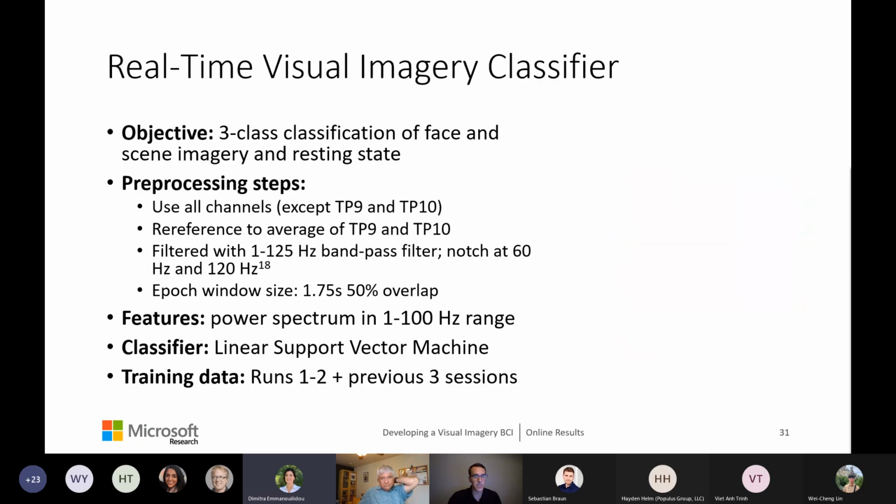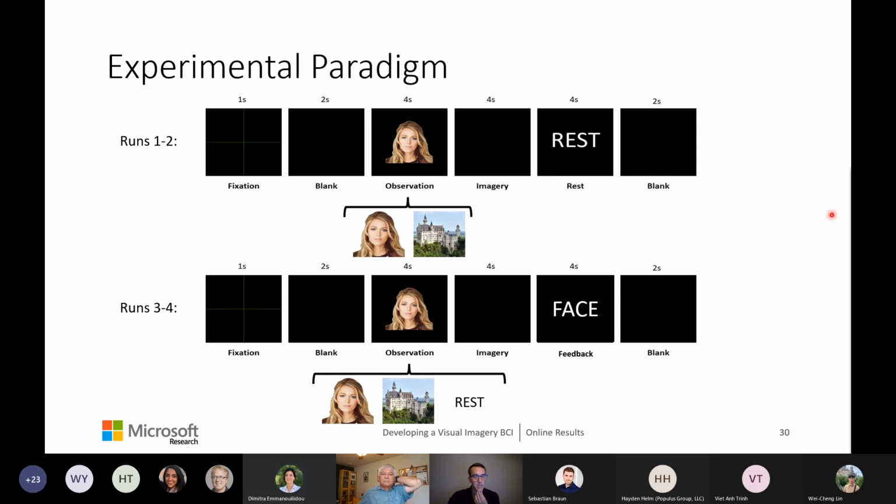Yeah, so during the real time, the paradigm is set up where the first two runs were the same as the training. This was just to get some additional training data to help initialize our classifier. I initially tried fully training the classifier from previous runs that it hadn't seen before and just doing fully online feedback.